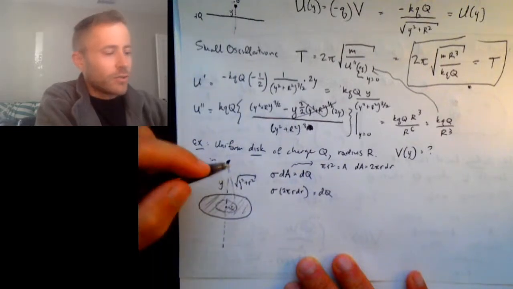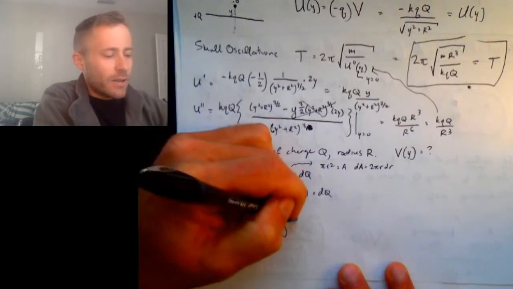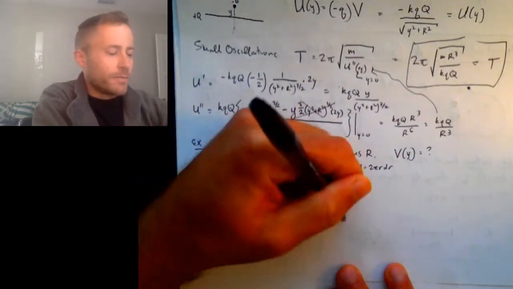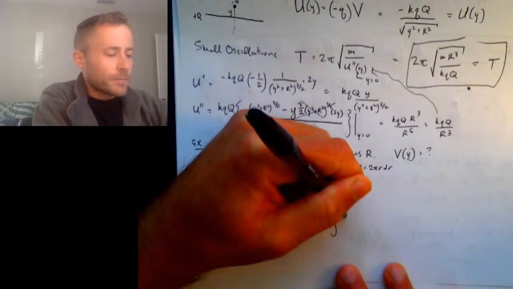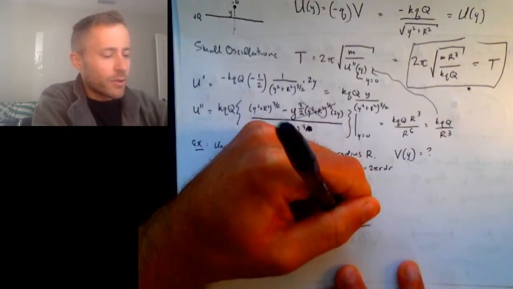So when I do the integral of k dq over r, my r value is square root of y squared plus little r squared.